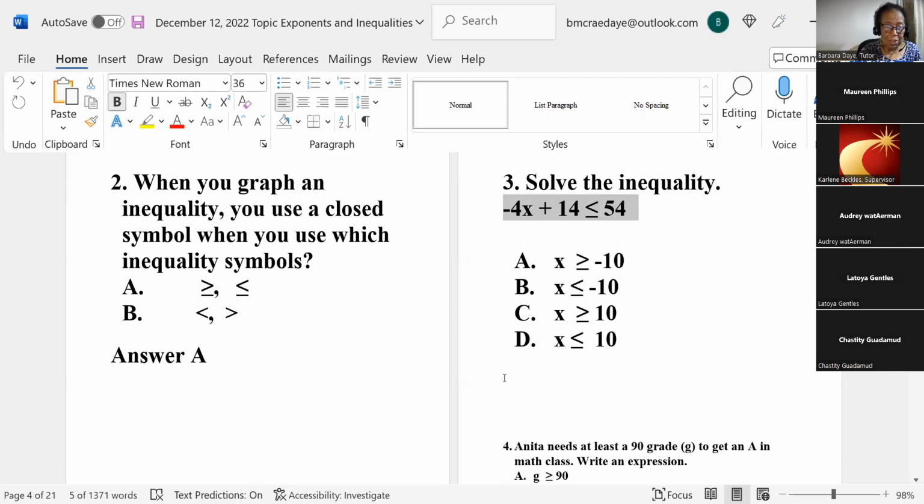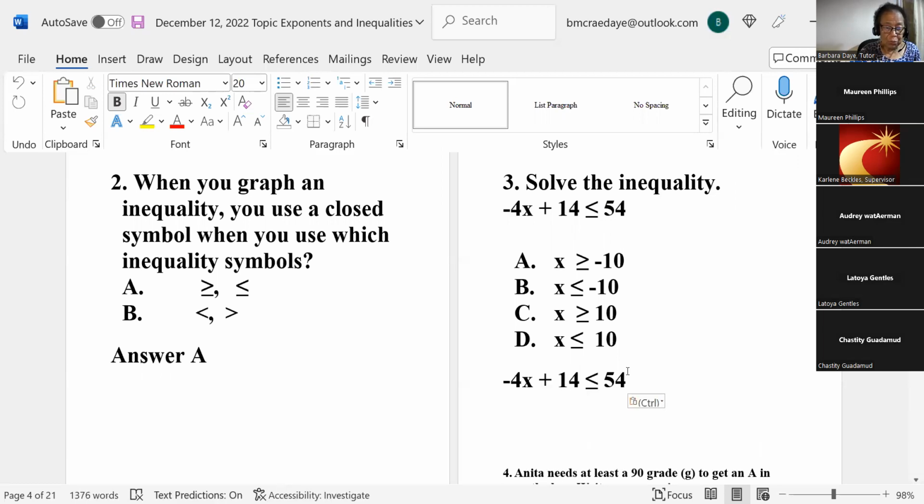Everybody follow Audrey? Okay, so she subtracted 14 from both sides. Very good, Audrey. You're good at this. I get a little confused with the last thing. Yeah, but you got most of them right. So that's really good. So what do we have left on the left side, Audrey? 0.